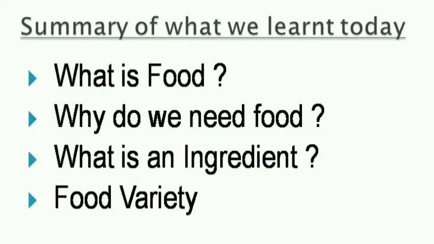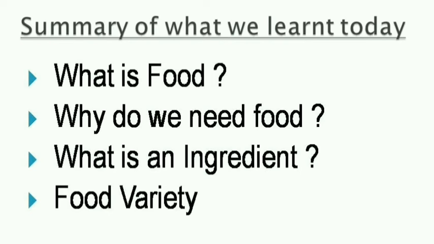The summary of what we have learned today is: what is food? Food is anything that an animal, plant, or human eats or drinks for the growth and maintenance of their body. Secondly, food is needed for energy, growth, maintaining health, for body functions, and healing of wounds, followed by food ingredients, which are part of a mixture added to make a dish.